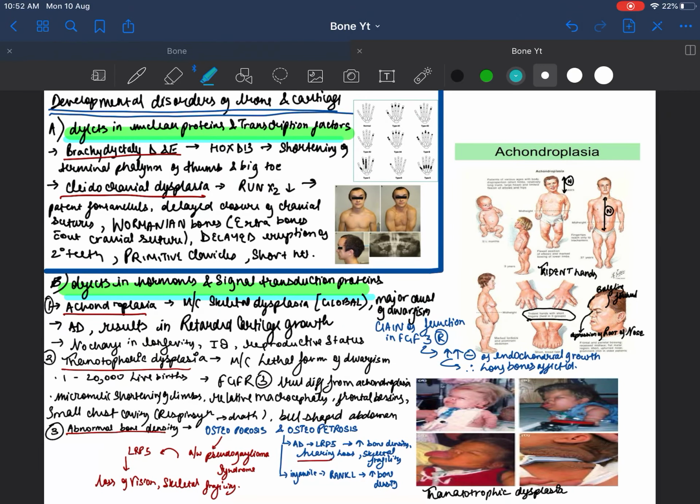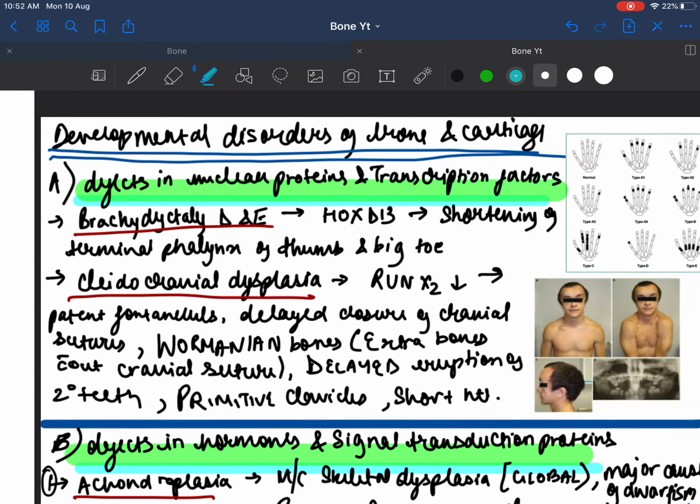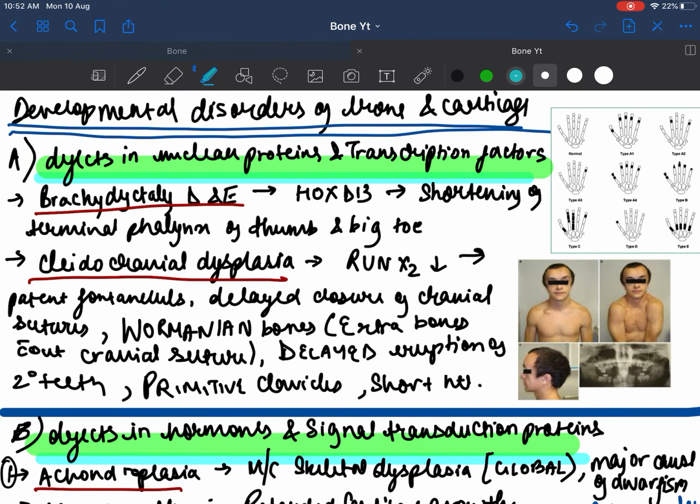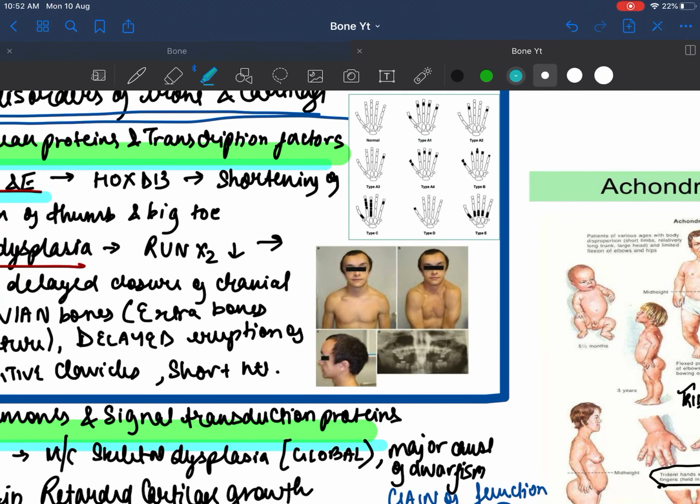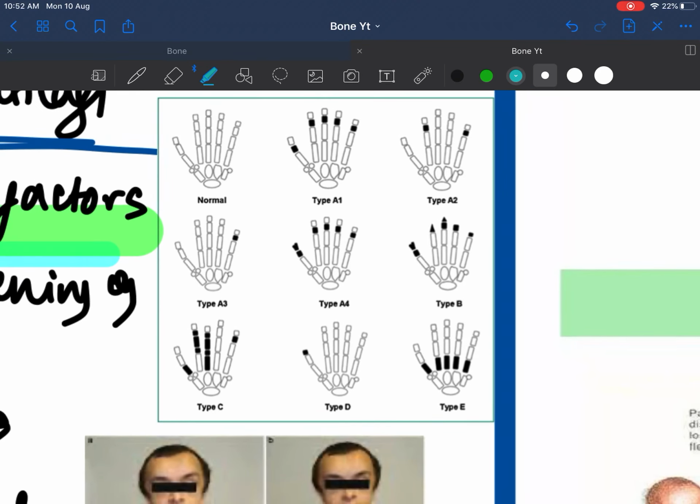So let's discuss what happens when there are defects in nuclear proteins and transcription factors. There are two main diseases that we have to discuss here. First is brachydactyly. There are different types of brachydactyly. It is actually a dysostosis, not a dysplasia.